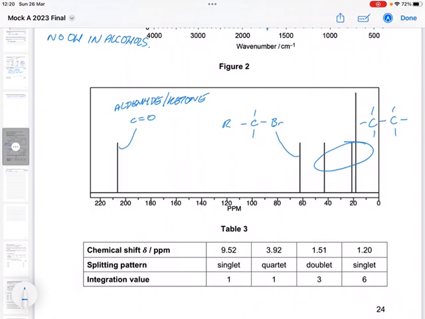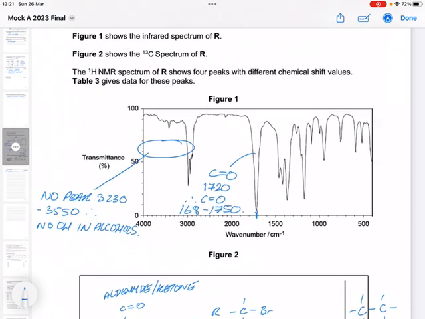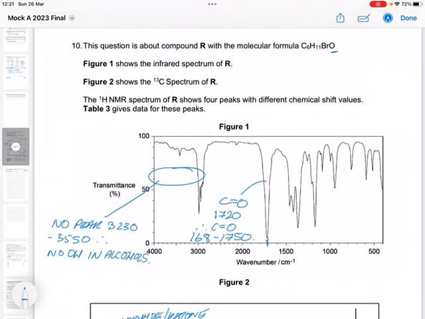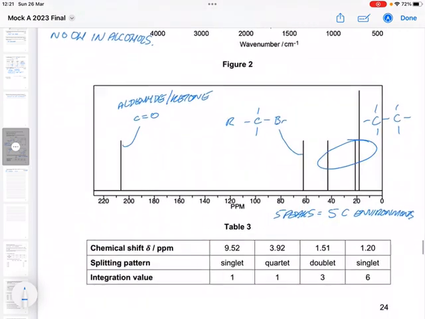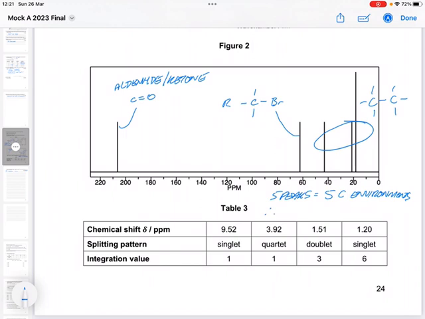Okay, and then the other clue that I've got is that I have 5 peaks, which is equal to 5 carbon environments. Now that's a fairly big clue because I've got 6 carbons here, which means there are 2 identical carbon environments.